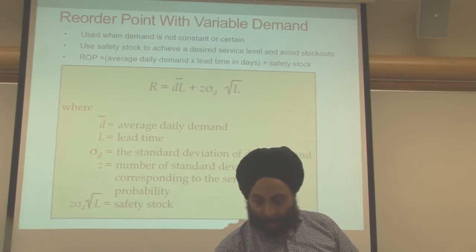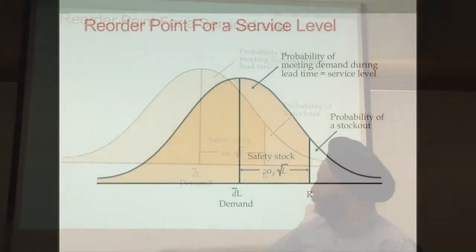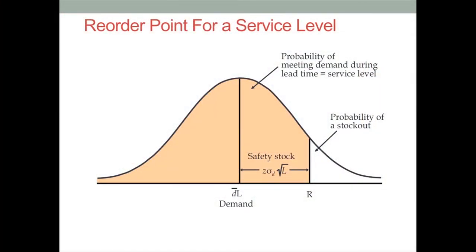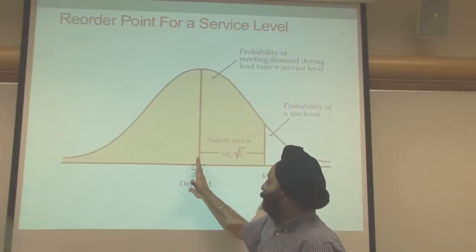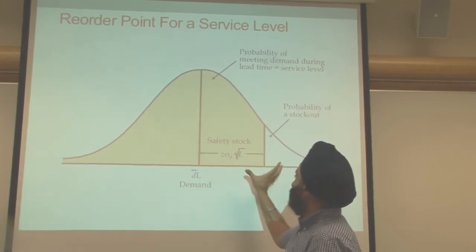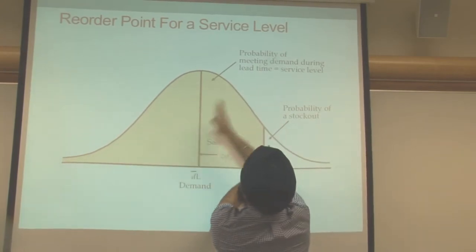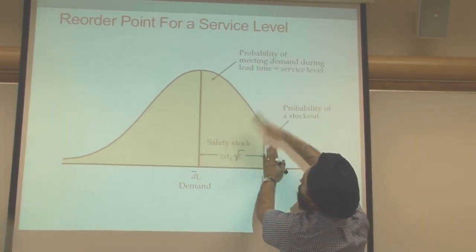Okay, so in this case we are using Z, from the normal distribution, to address this. We have the anticipated demand, plus you are adding some more buffer. The shaded region is the probability of meeting the demand.